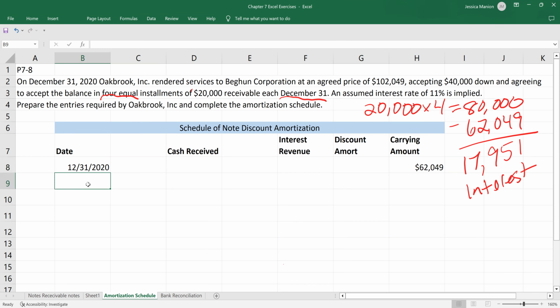Okay. So now we get to December 31, 2021, and they're paying their first payment, 20,000.